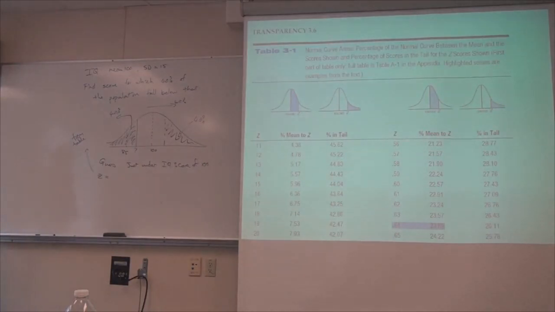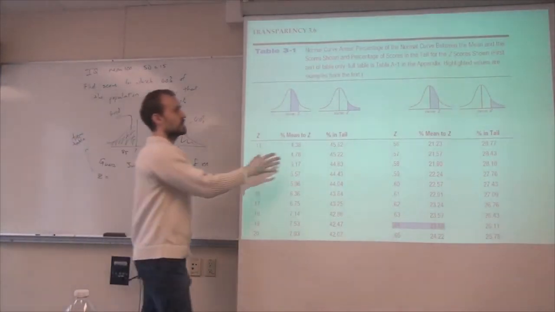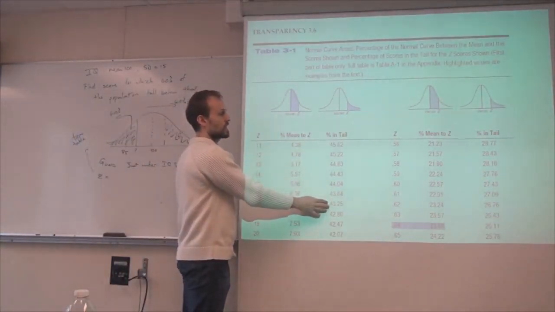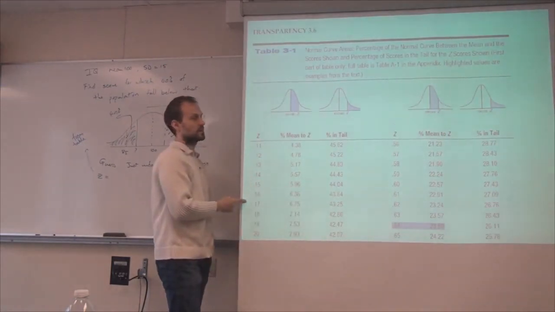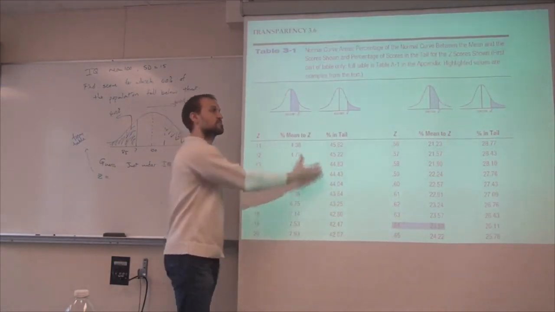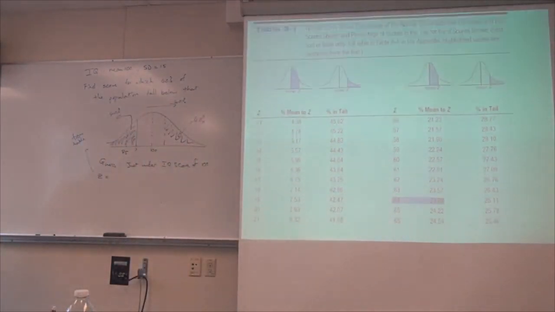So I'm going to look at the right hand picture and look in the percentage column for a 40 and then find the corresponding Z value. So I'm using the table in reverse. Is that maybe on this side? No, it's not, but it's close.